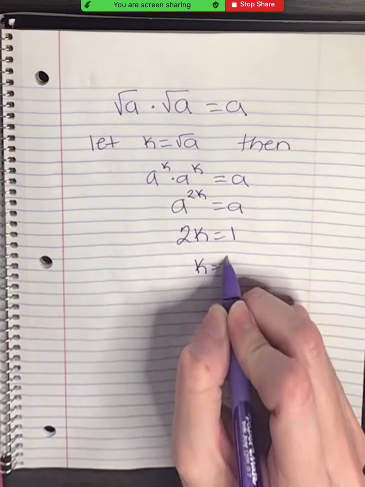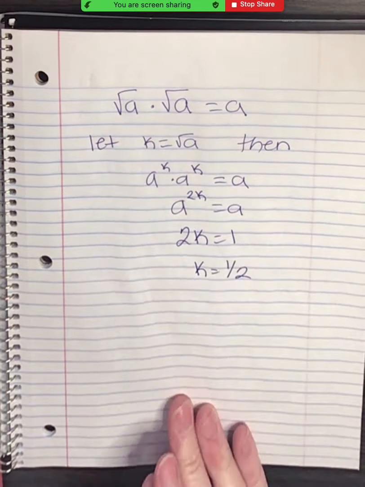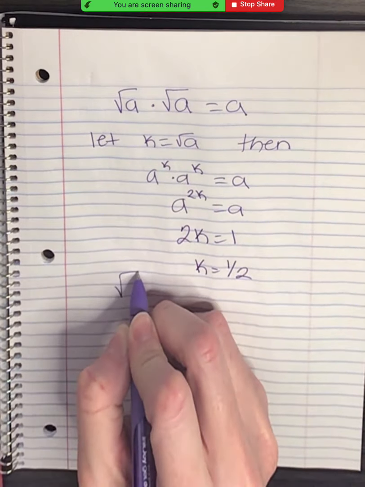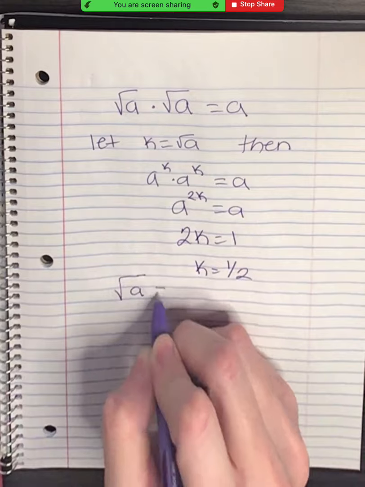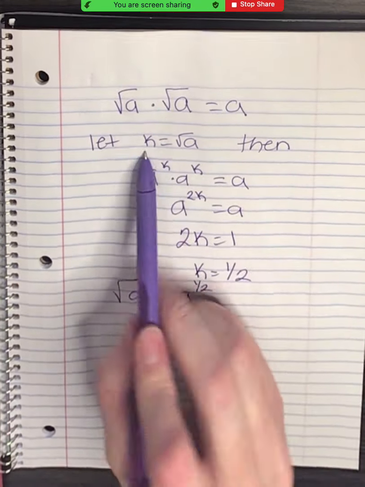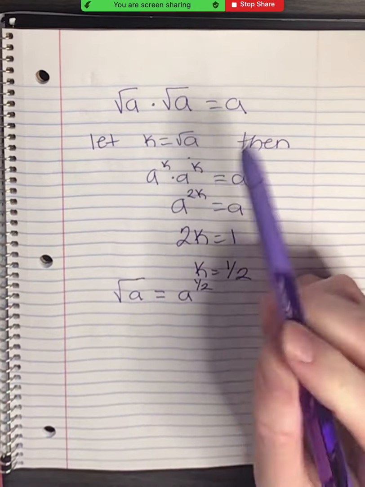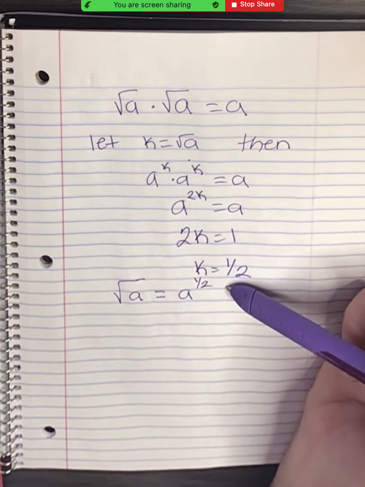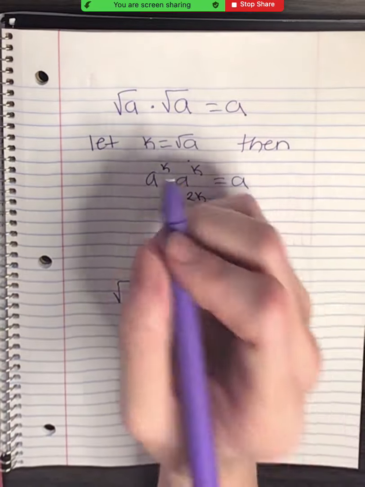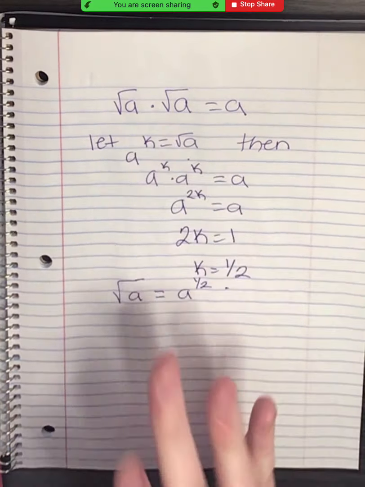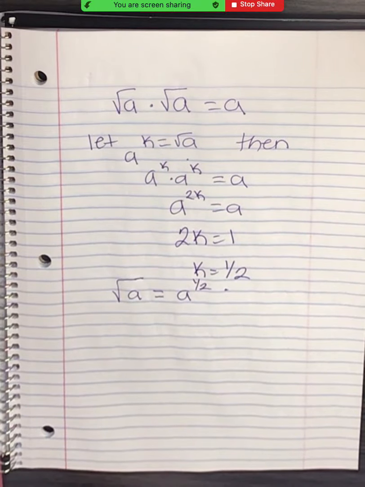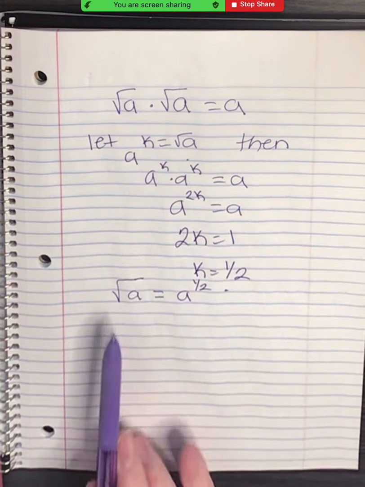So k is 1/2. Meaning then that the square root of a equals a to the 1/2, right? Because here I said k is the square root of a. Or I'm going to substitute a to the k, sorry, for the square root of a, not just k. Okay, so it tells us that the square root is a to the 1/2.